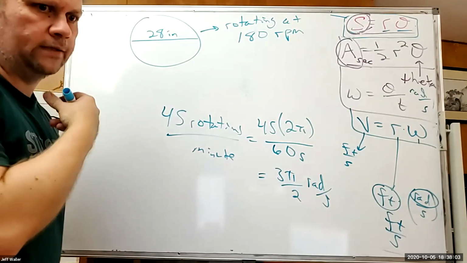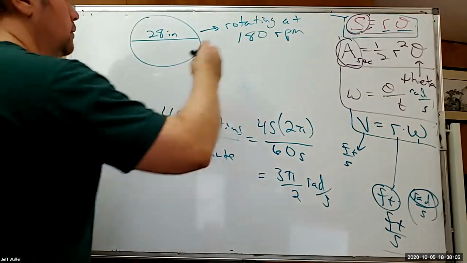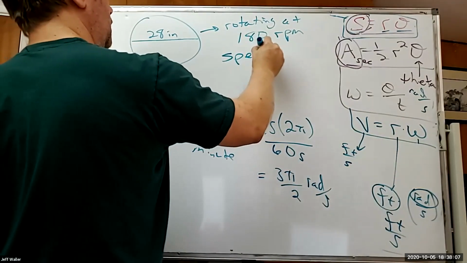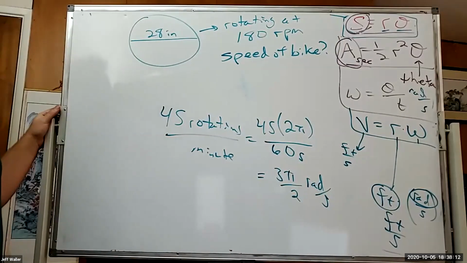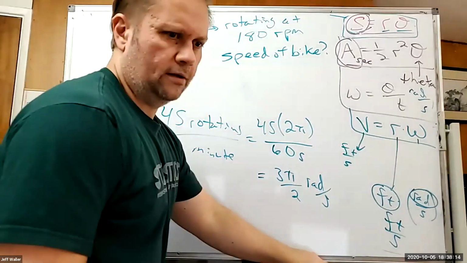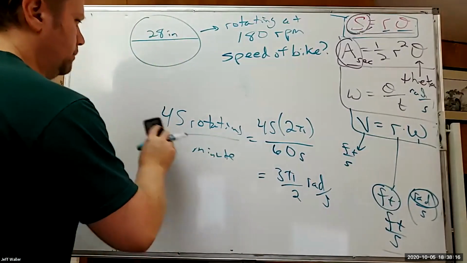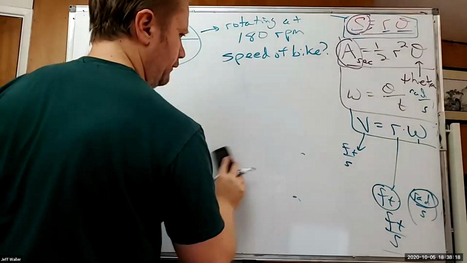Find the speed the bicycle is traveling down the road. Okay, I like this problem. I kind of don't like it because they don't really say what units, but that leaves it open, we can leave it however we want.